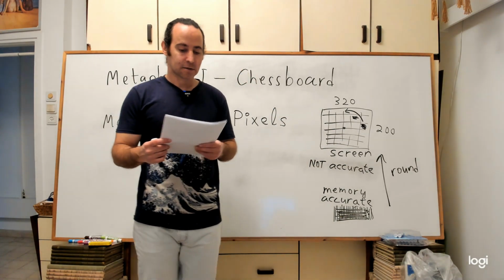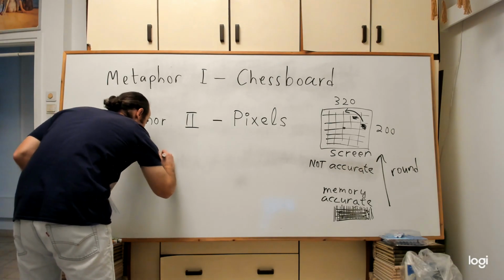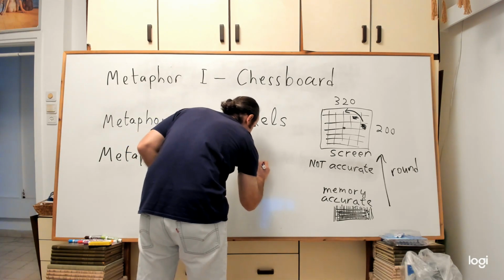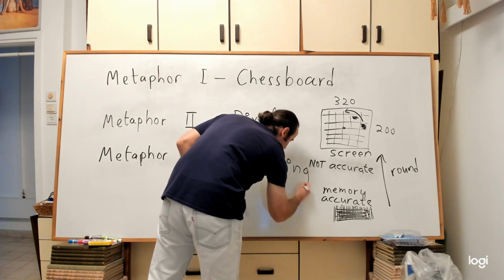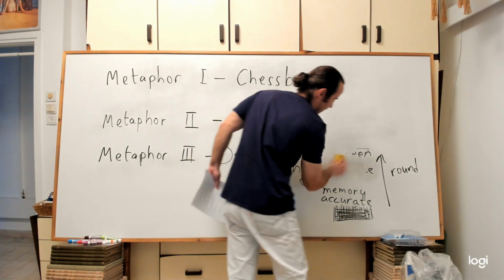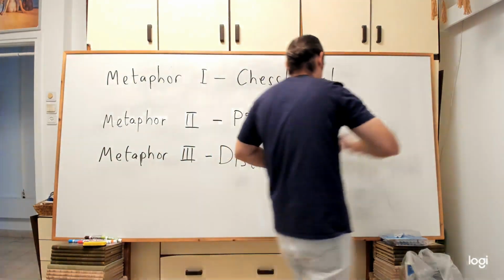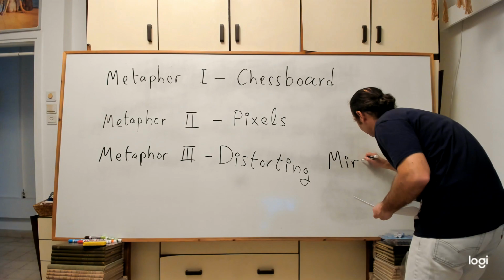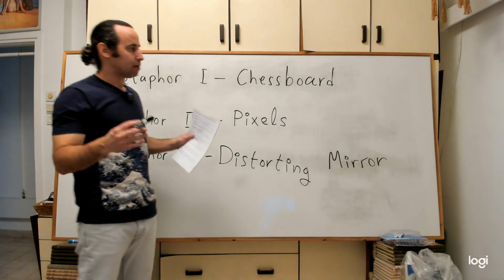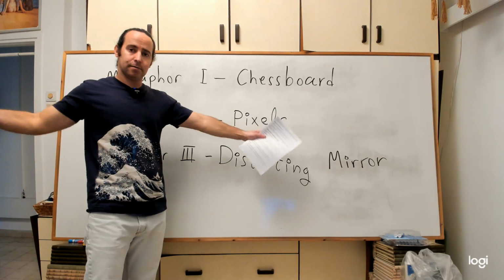Okay, metaphor 3, distorting mirror. I'm sure you have seen this in a science museum or something, a mirror that you stand in front of and it makes you very tall and narrow, or very wide and short.